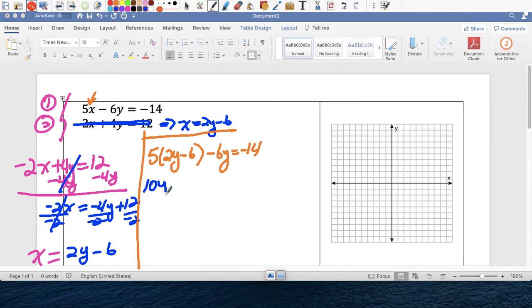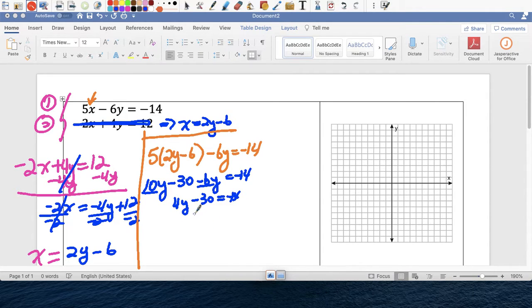We get 10y minus 30 minus 6y equals negative 14. I combine the 10y and negative 6y, which is not 16y, it's 4y. Sorry, let me check the sign. 4y minus 30 equals negative 14.